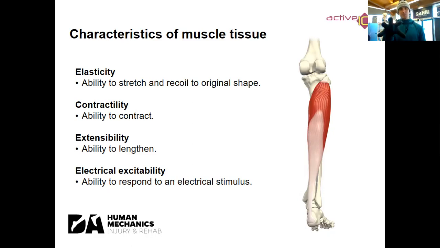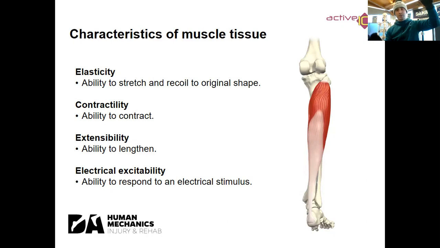Then what we get is this muscular contraction creates movement or creates stability. And like I said, if we have elasticity, once that signal has disappeared, it goes back to the original shape and size.